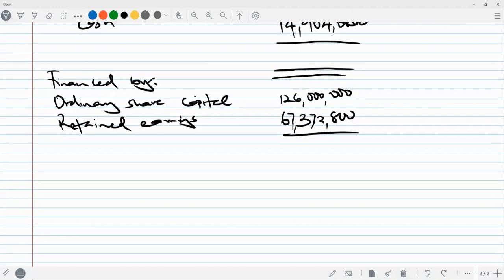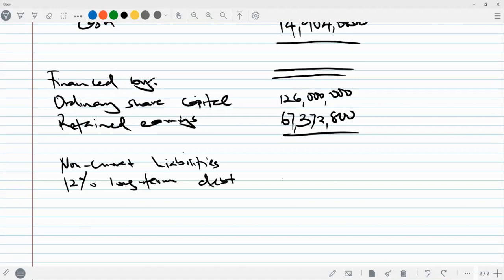Then you have non-current liabilities. We have the 12% long-term loan, long-term debt, which we were told is equal to 30 million.